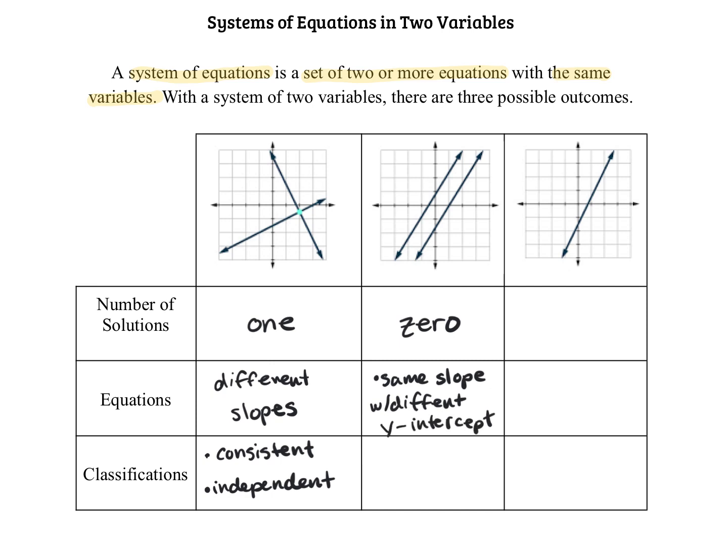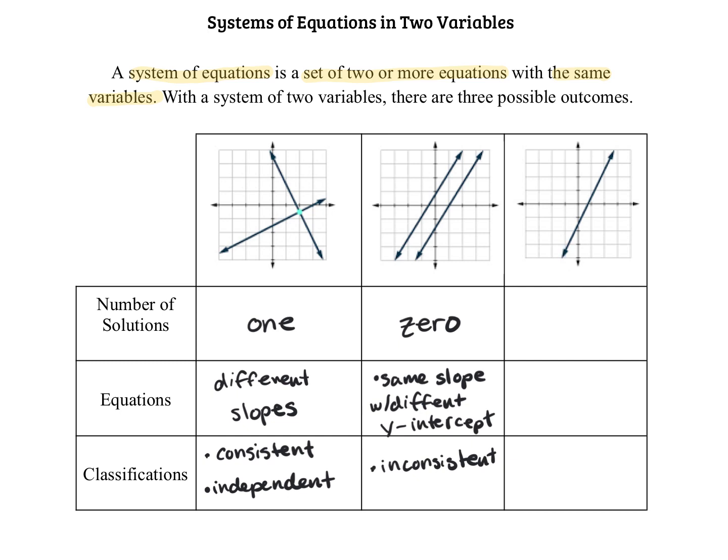But essentially, if you have the same slope with different y-intercepts, they're traveling at the same speed. The rise over run is the same, so they will never cross. And that means that this system is inconsistent. That's how we would classify it, because there are no solutions.